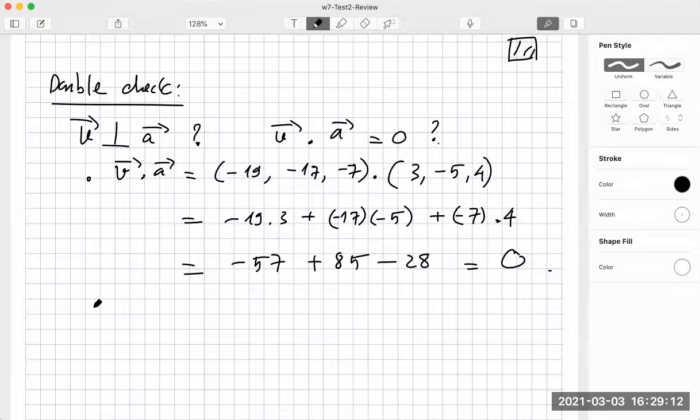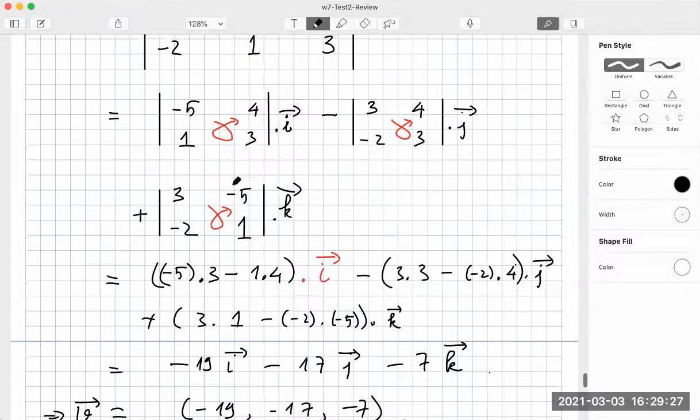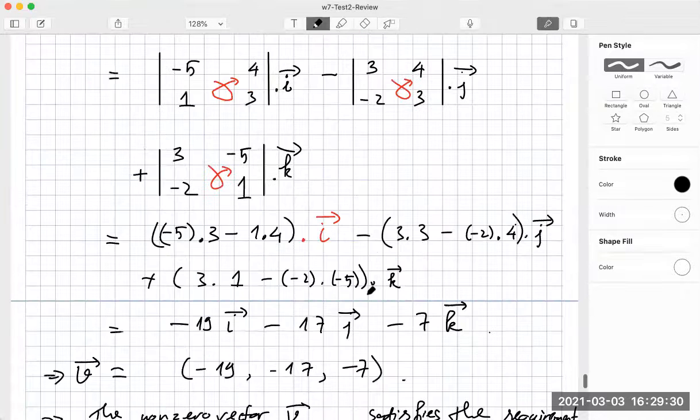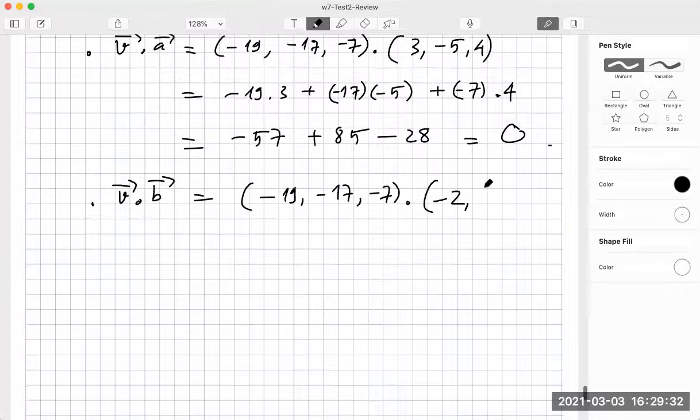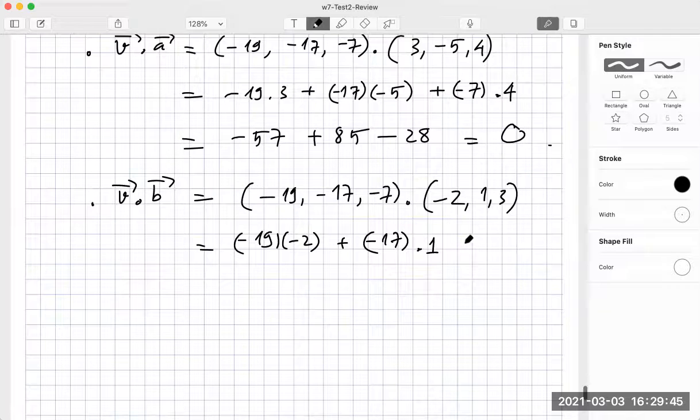And furthermore, let us double check V dot B. V is negative 19, negative 17, negative 7, and B is negative 2, 1, 3. It will be negative 19 times negative 2 plus negative 17 times 1 plus negative 7 times 3.